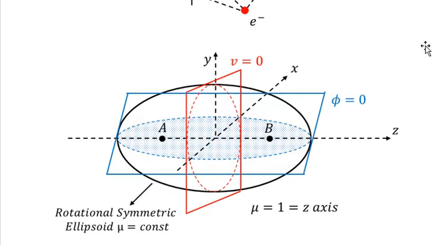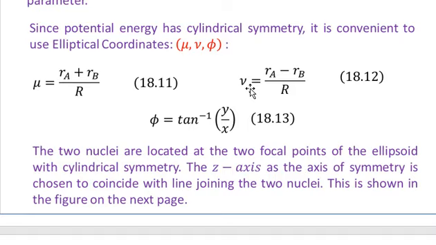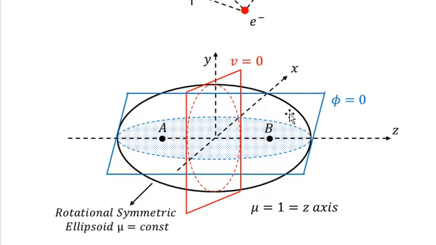And you know that nu is equal to 0. Let's discuss this also. When nu is equal to 0, then the left hand side of equation number 12 is 0. It means that Ra minus Rb is equal to 0, that is, Ra will be equal to Rb. And when Ra is equal to Rb, it means that the electron is on this plane.